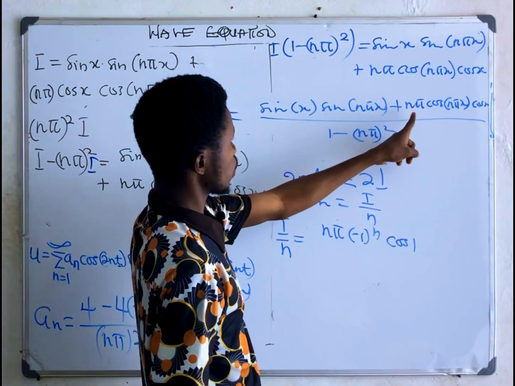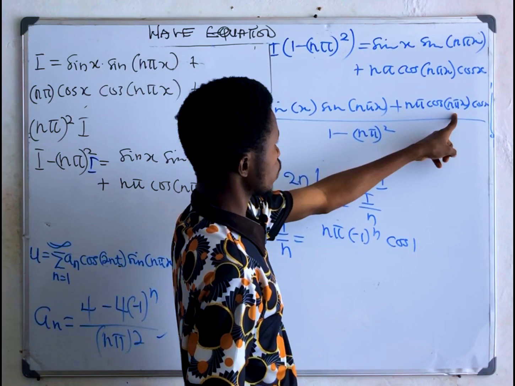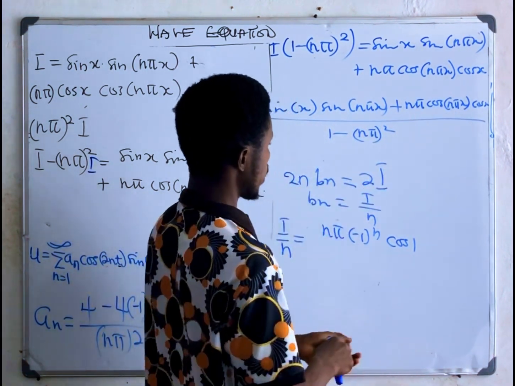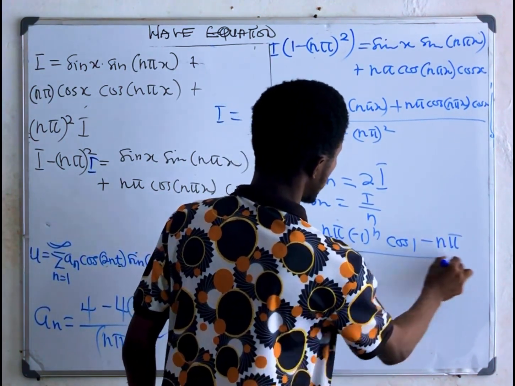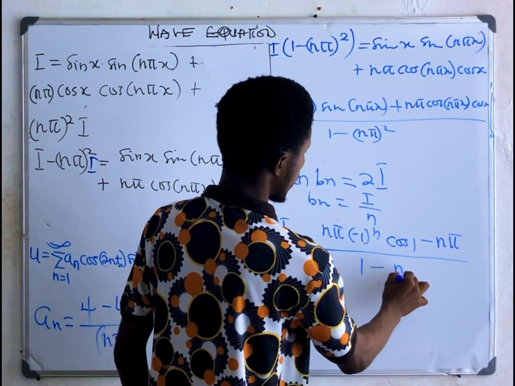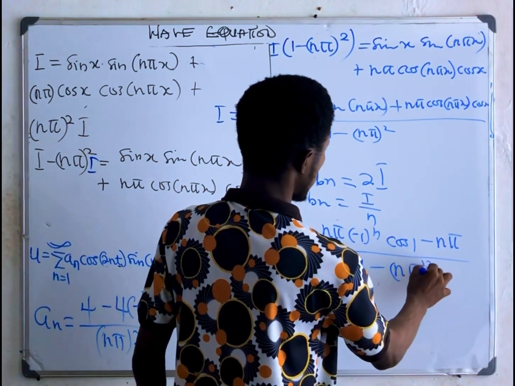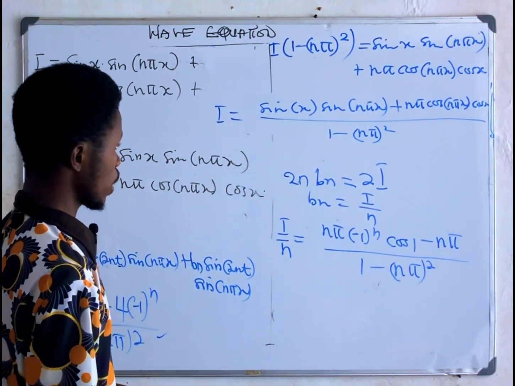Is that okay? And here too, cos 0 is 1. So here I have minus n pi. And the whole of this is divided by 1 minus n pi squared.